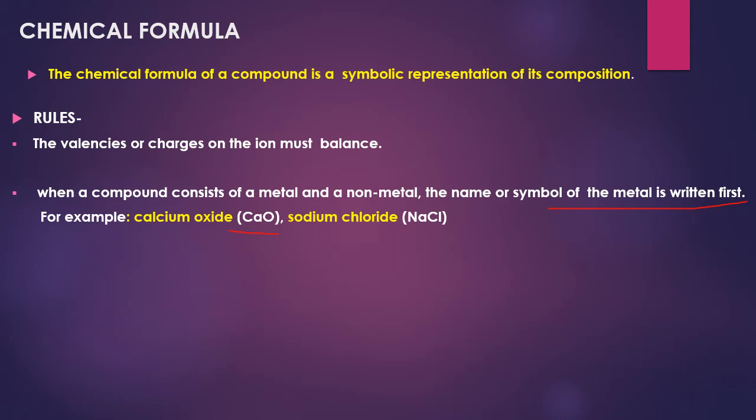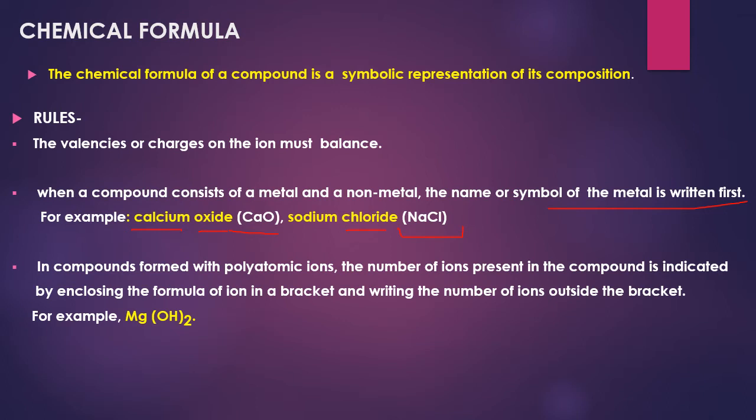So it is clear over here that the name of calcium is written first and the non-metal, that is oxide, is written later. The same over here, NaCl, sodium chloride. Sodium is metal, and that is why sodium is written first, and chlorine is non-metal, written after sodium. So this was another rule.